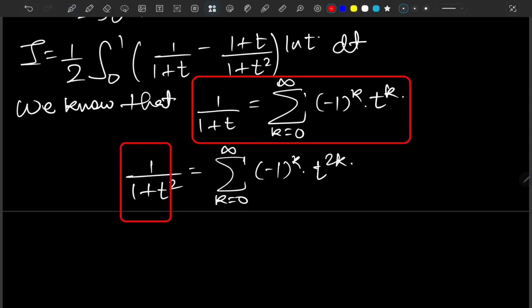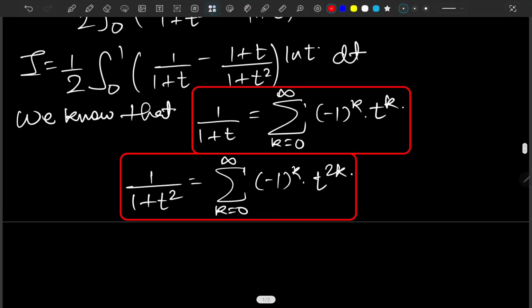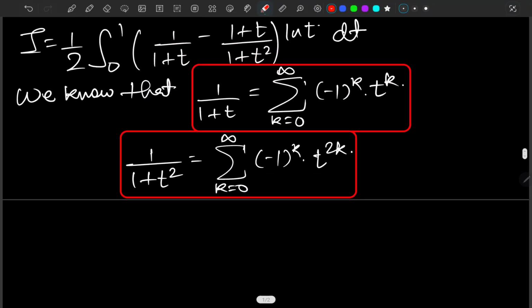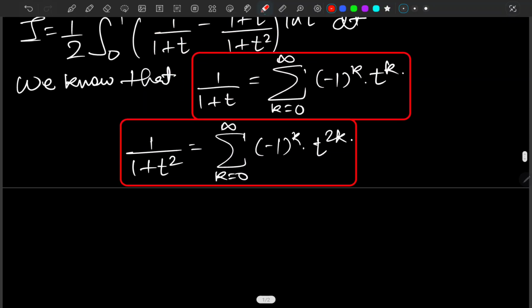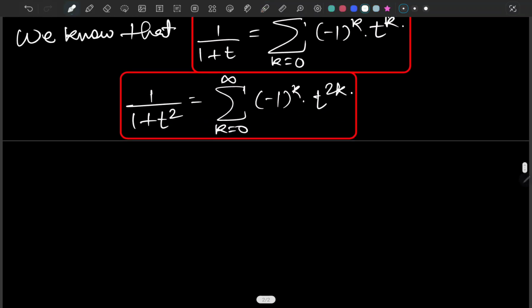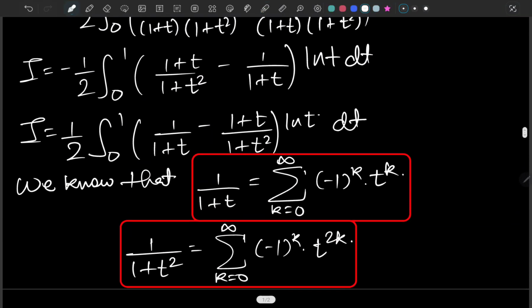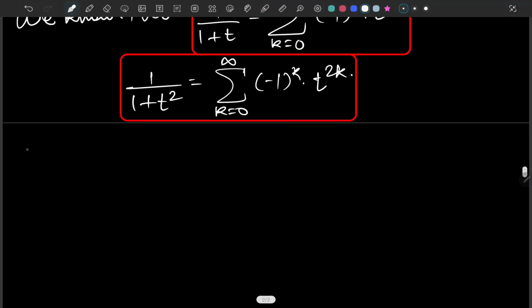So this is what we are just going to plug in, in the place of this one and this one. So we would be having infinite series inside our integrand, and let's see what is happening. Be careful that this is a factor, so don't forget about this one. So I comes out to be 1 over 2 integral from 0 to 1.